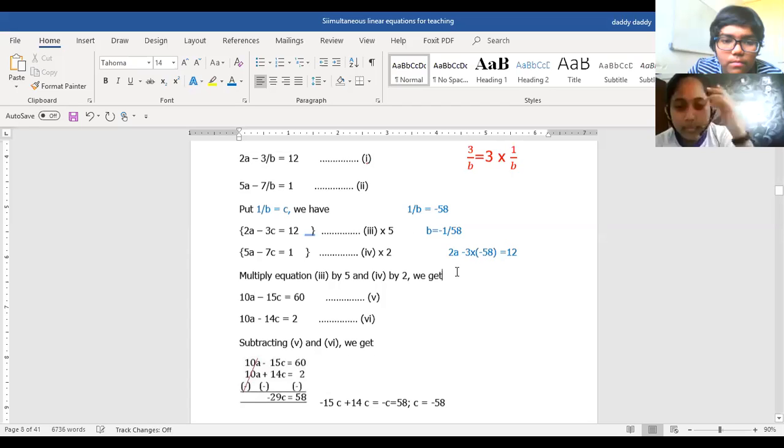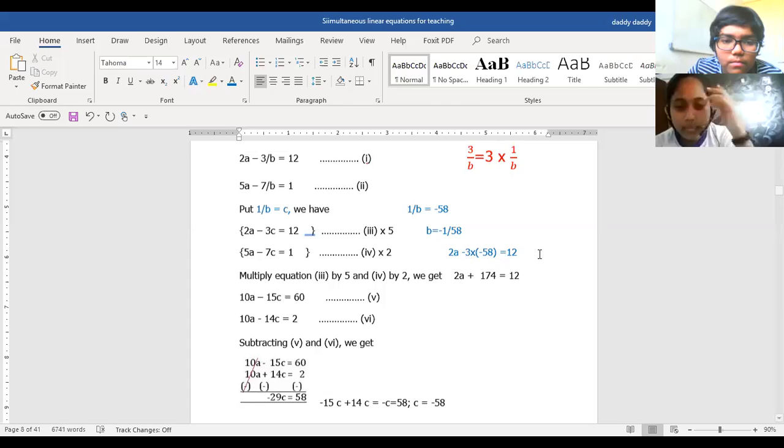Now 2a is equal to, next line, 2a. Ma'am, it will become plus because minus. 2a. This minus minus will become plus. What is 3 into 58? 8 3 is 24. And then 2 carry 174. 174, which is equal to 12.